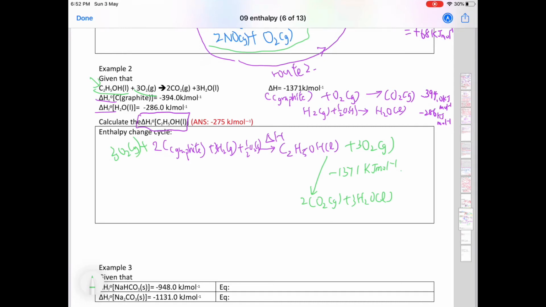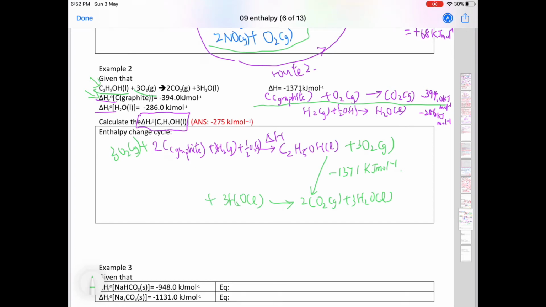And then if you want to use the second information, then you go according to this second equation. For forming 2 moles of CO2, it means that the 3 H2O haven't reacted, so we keep the status, just copy them in our writing.